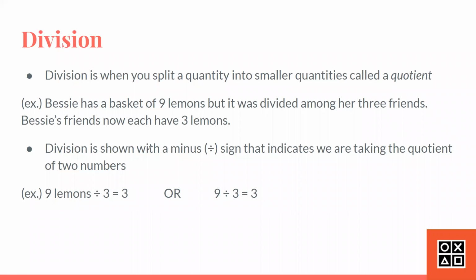So division is shown with kind of a minus looking sign like this. It's like a minus sign with two dots above and below it.